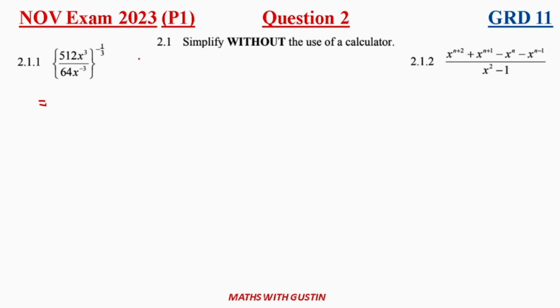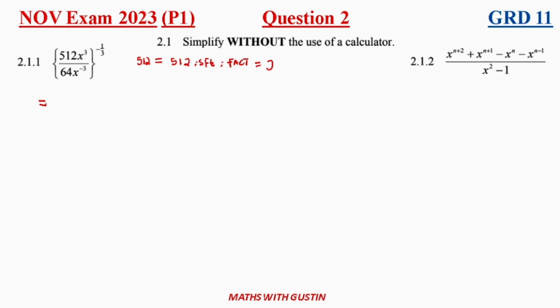This is how you would get the factors. It will give you the factors of 512.